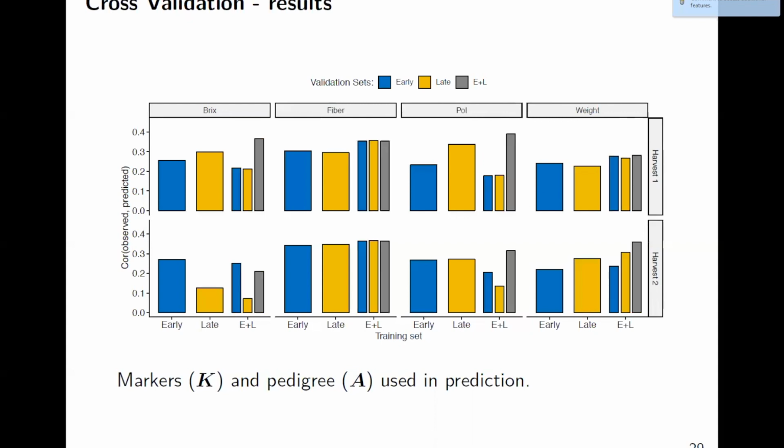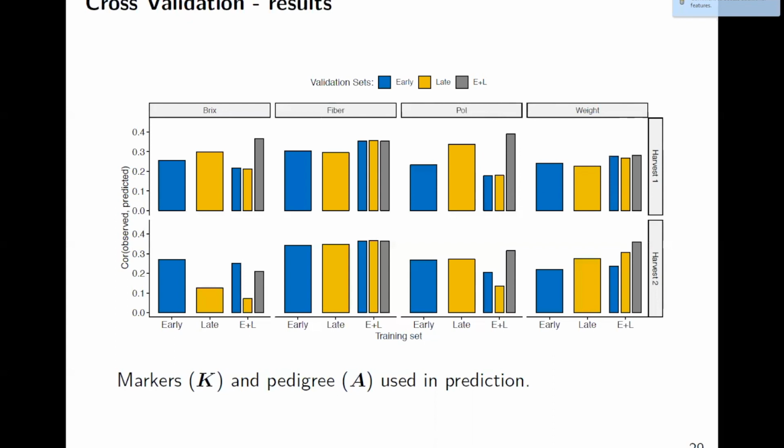By doing this, I increase the training set. I have a larger population to do my training, and then I can predict the individual sets, early or late, or predict them together.